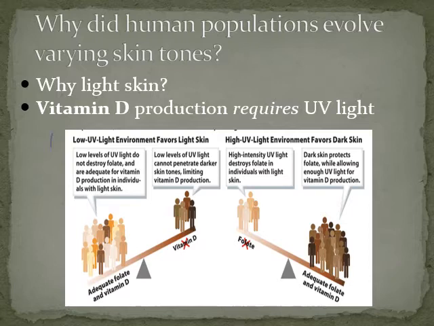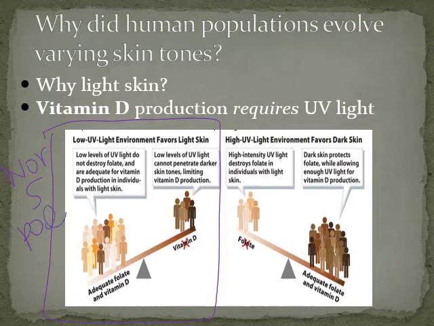So when we're looking at a low UV environment, here we're talking about the North or South Pole, and not just the pole, but a little bit further down, getting towards maybe the Tropic of Cancer. And then over here, we're talking about closer to the equator, right?